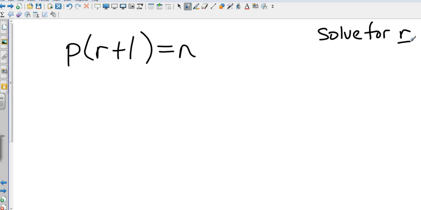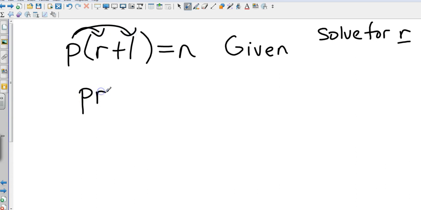The first one is going to be our given. Second, we're going to get rid of those parentheses, so this looks similar to the one that I just did. So that's going to be PR plus P equals N. What I did there is I multiplied, and that would be the distributive property.